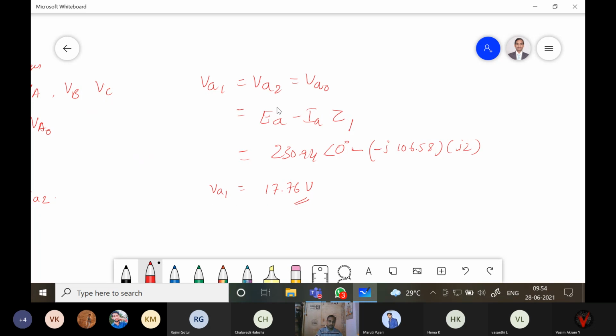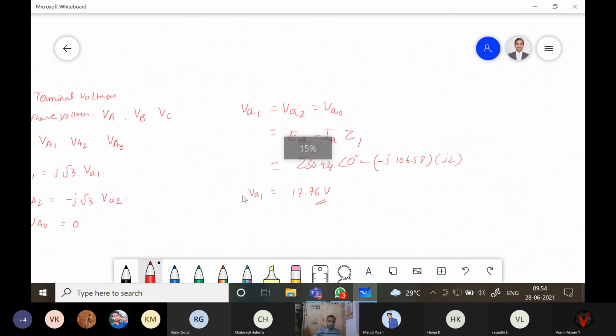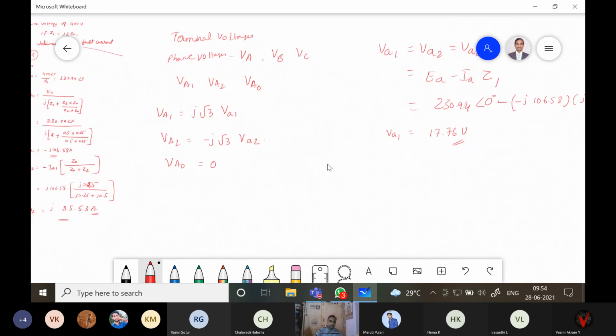Since va1 and va2 are all equal, substitute here. Capital VA1 is equal to 17.76 into j root 3. You will get 30.76 at an angle 90 degree. And the second one, minus j root 3 into va2, and va2 is also equal to va1: 17.76 into minus j root 3.